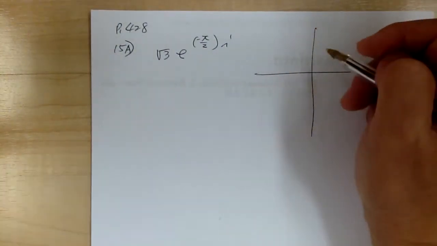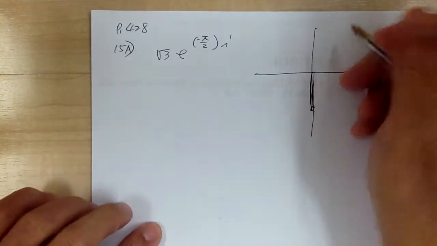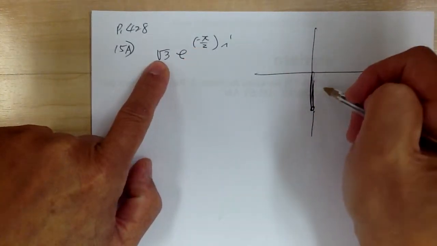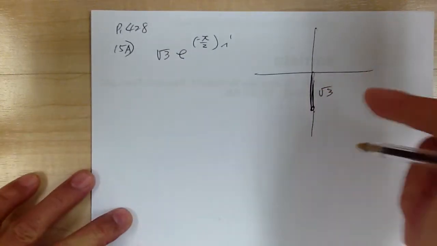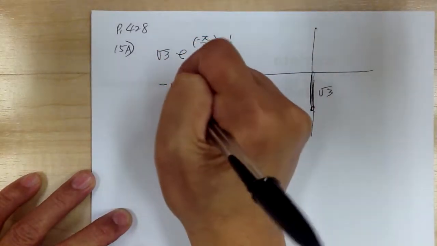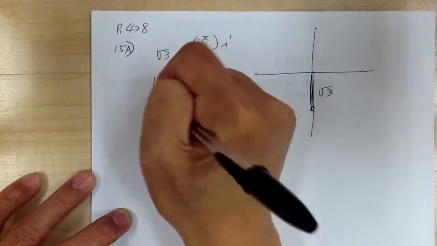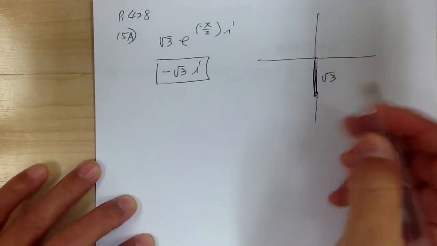So you have to sketch it out. Negative pi over 2 is over here, and the radius or the length is square root of 3. So by looking at this picture, the real part is 0, so it will be just negative square root of 3 i. So the horizontal is 0.